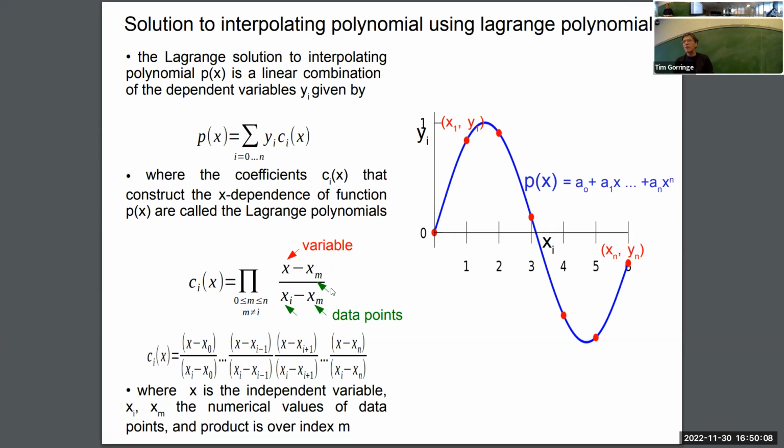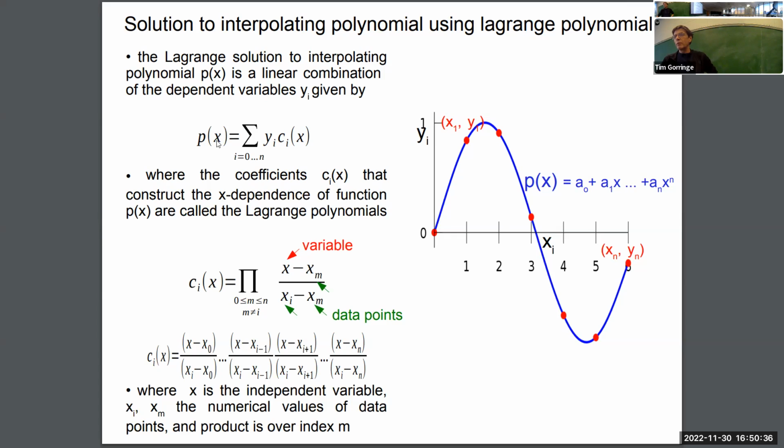So here's a second way of solving the problem that involves a set of polynomials called Lagrange polynomials, or Lagrange basis polynomials, that again crop up in this problem of interpolation. So again, we want to find the polynomial.